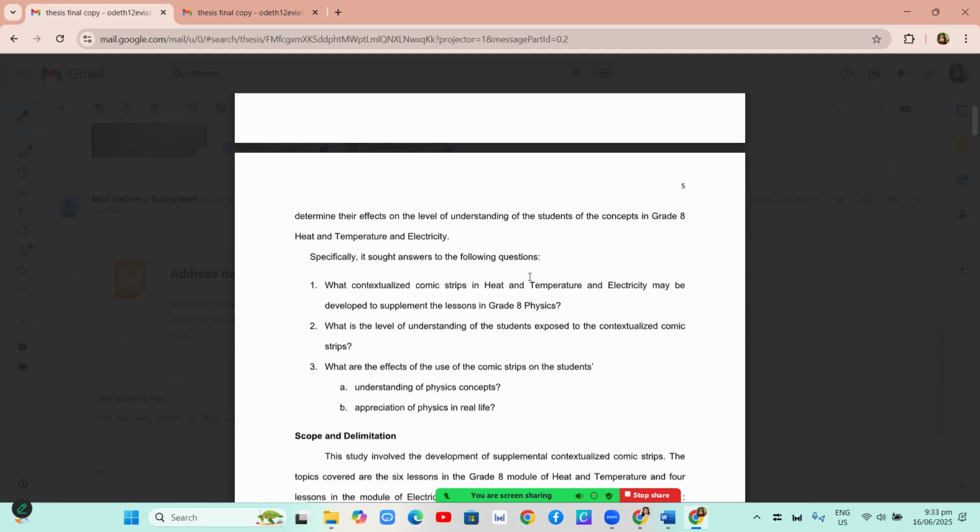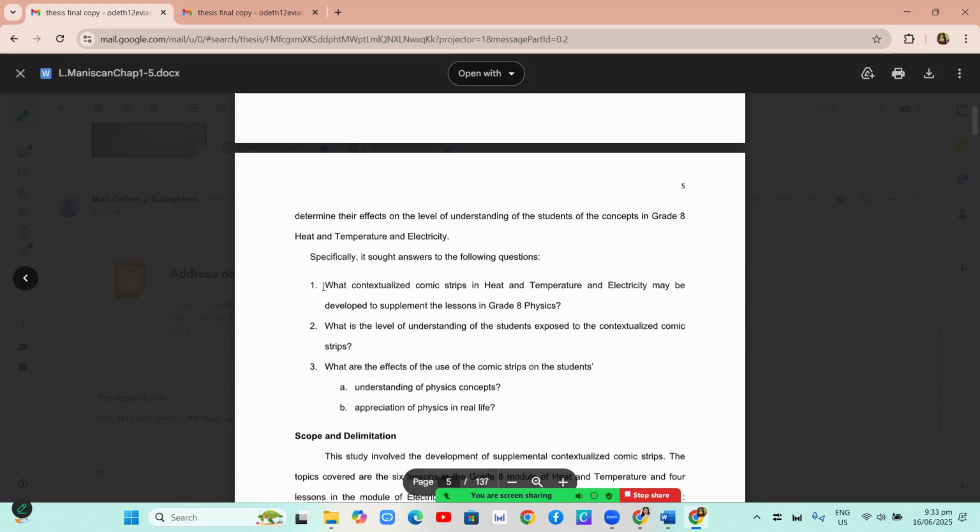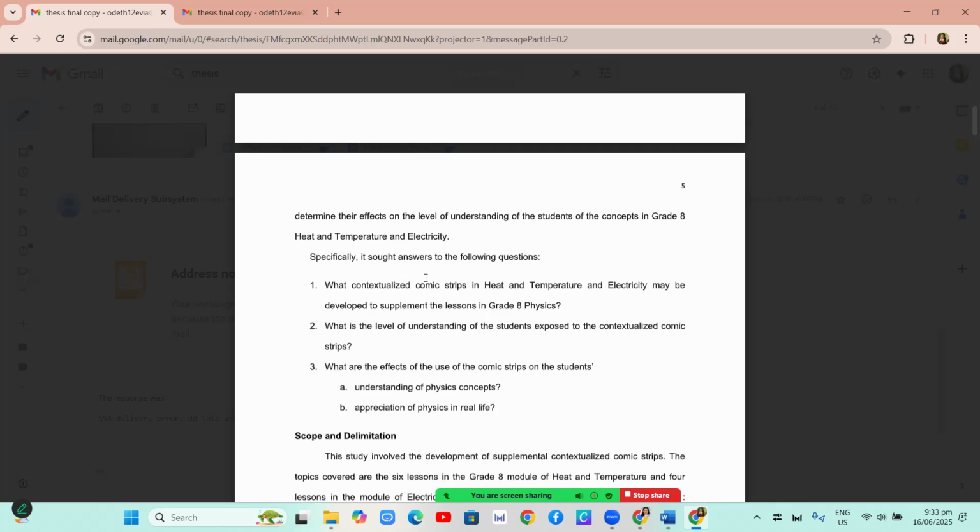So, if you notice in my master's study, the research questions are termed so that they will answer specific problems.